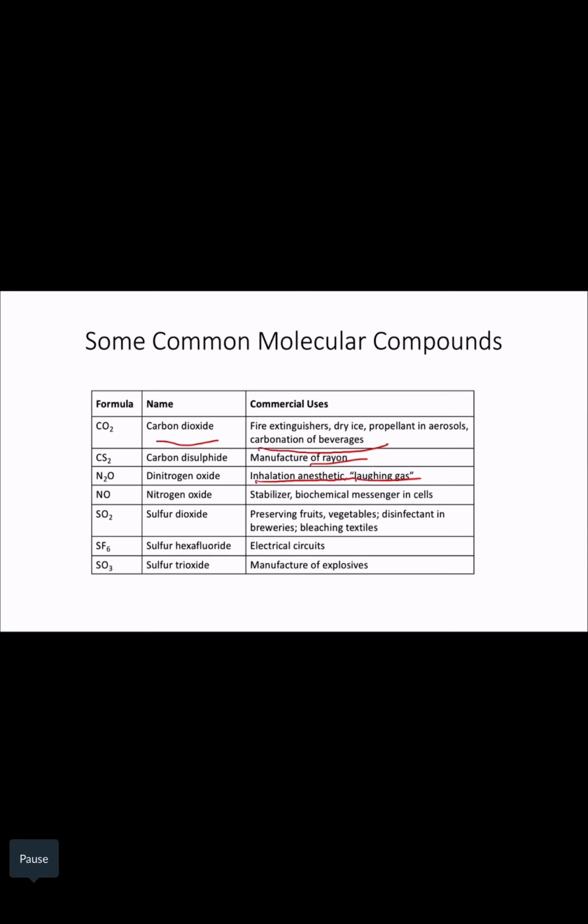Nitrogen oxide is a stabilizer and biochemical messenger in cells. This is more biochemistry, biology type. Sulfur dioxide is used for preserving foods and vegetables, disinfecting breweries, and bleaching textiles. Sulfur hexafluoride is used in electrical circuits. Sulfur trioxide is used in manufacturing explosives.